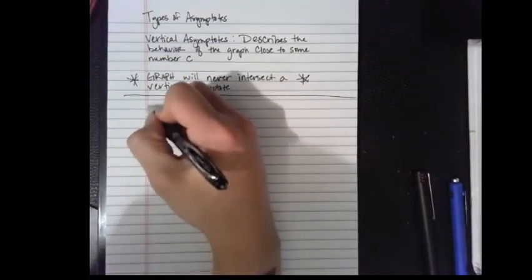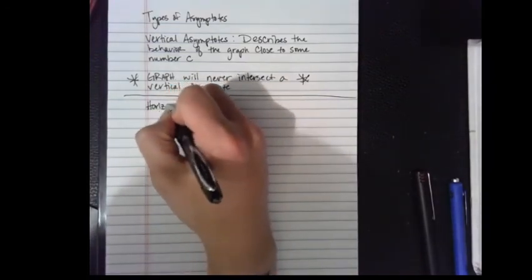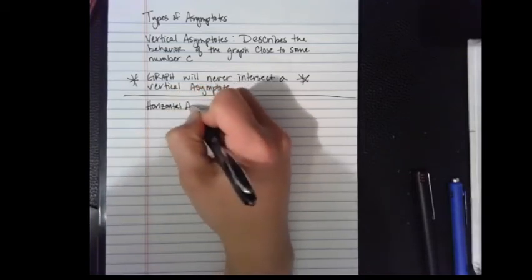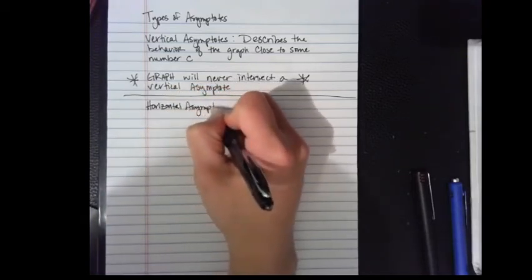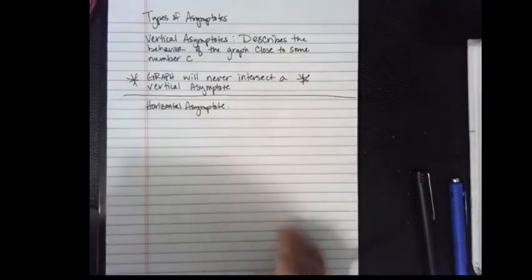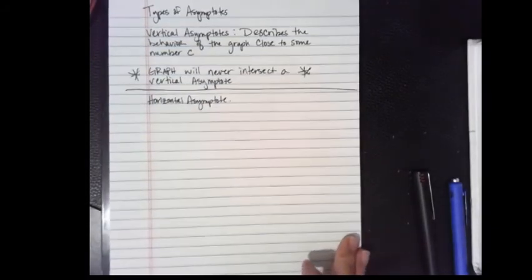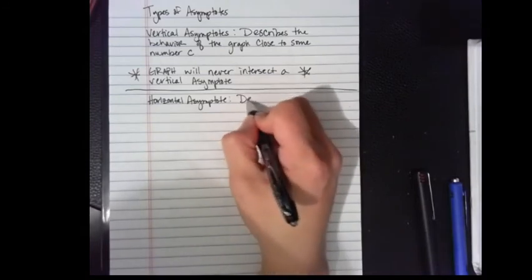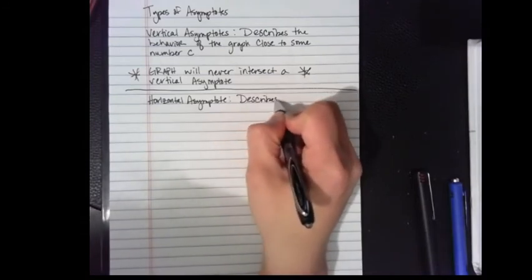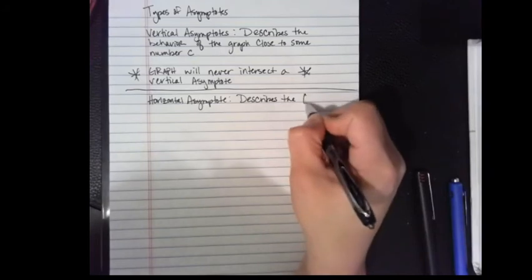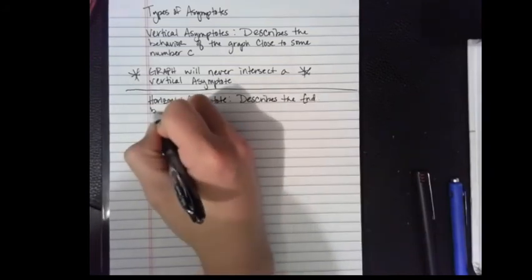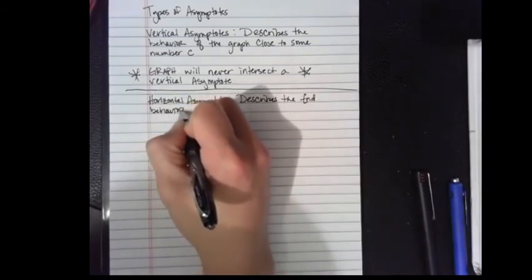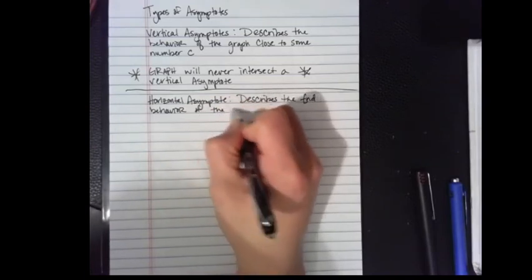Then we have a horizontal asymptote. A horizontal asymptote describes the end behavior of the graph.